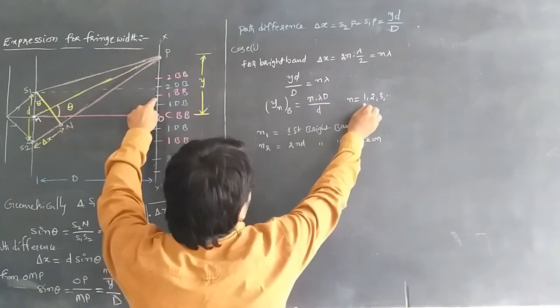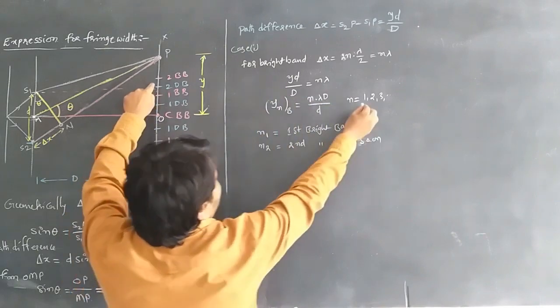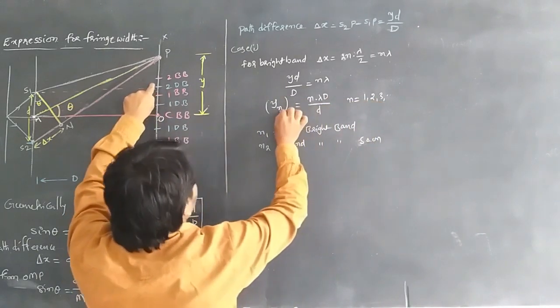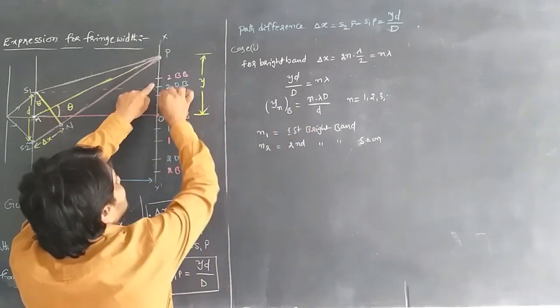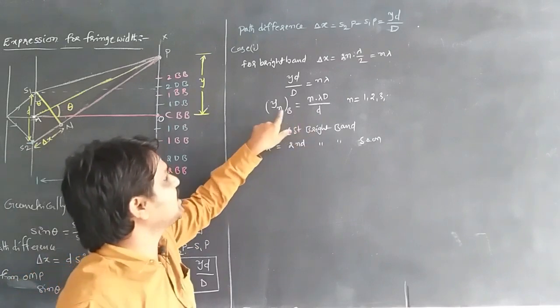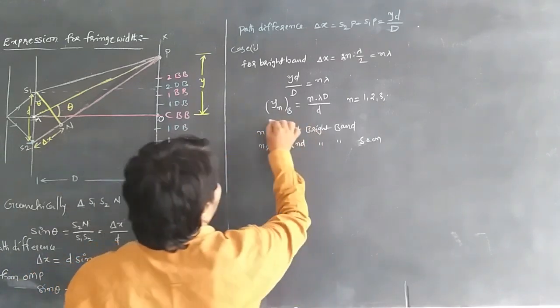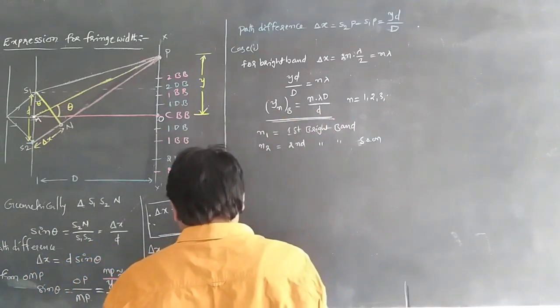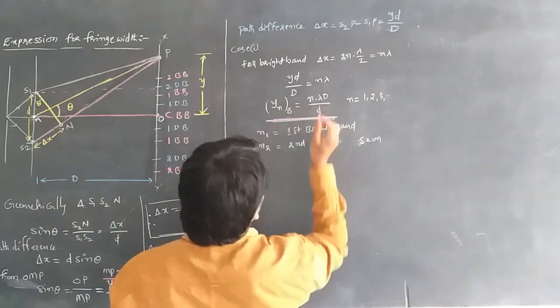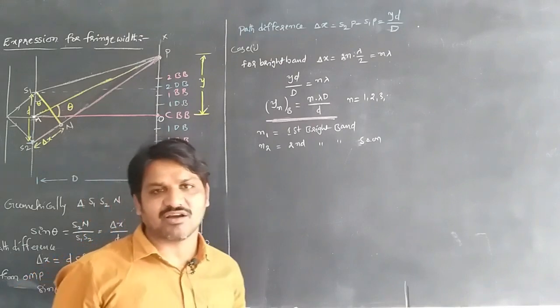If n is equal to 2, we get the distance from the center to the second bright band. Like that we can use the equation y nth of b is equal to n lambda D by capital D, where n is the number of bright fringes.